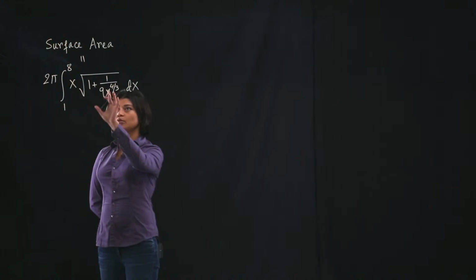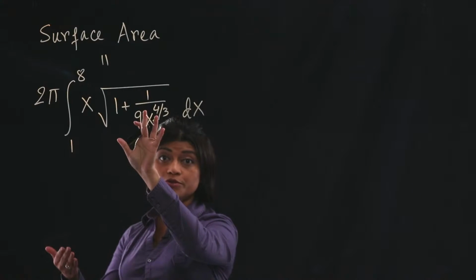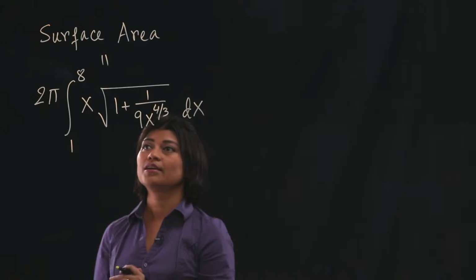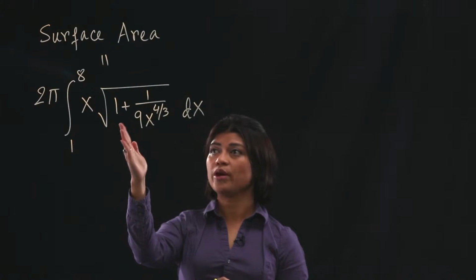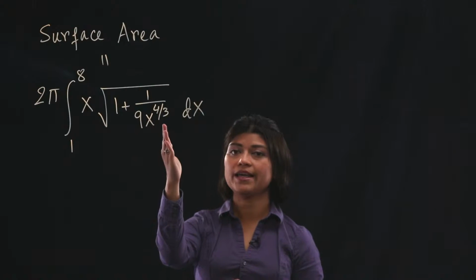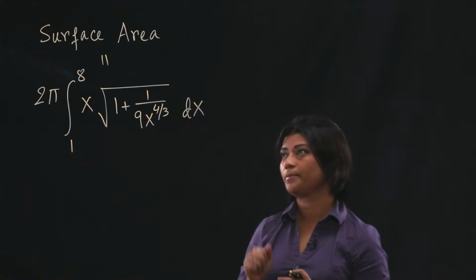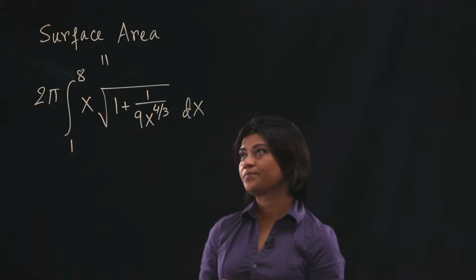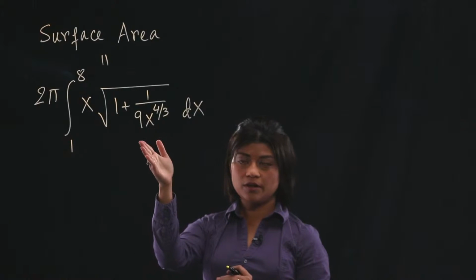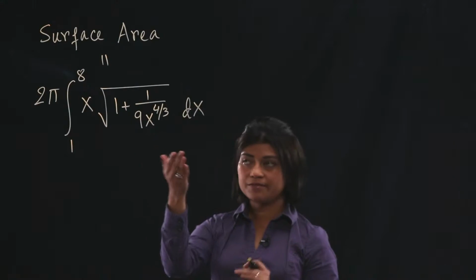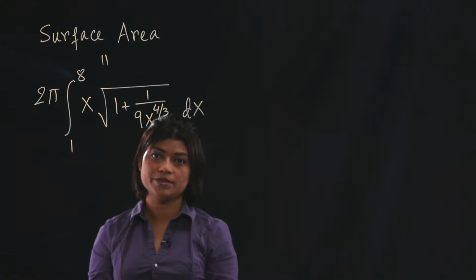Recall that this definite integral is what we will use to find the surface area, and it's 2 pi integral from 1 to 8 x square root 1 plus 1 over 9 x to the 4/3 dx. So now we have to evaluate the integral. In order to do that, let us just evaluate the indefinite integral and find the antiderivative, and then we'll come back here and plug in the limits to that antiderivative.